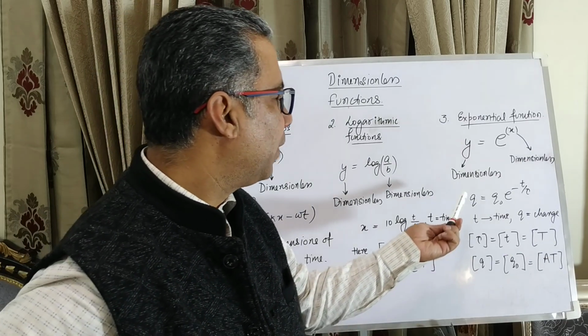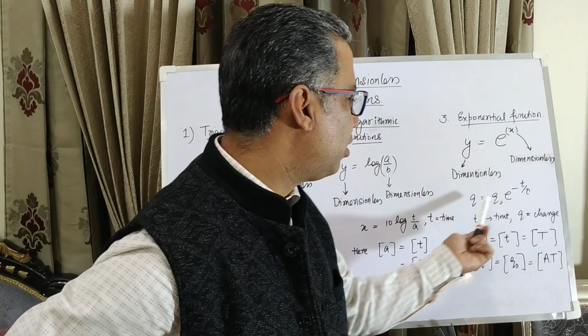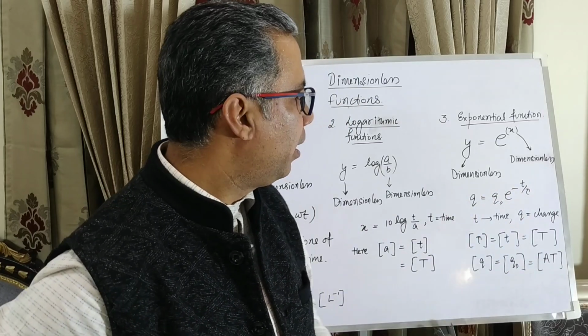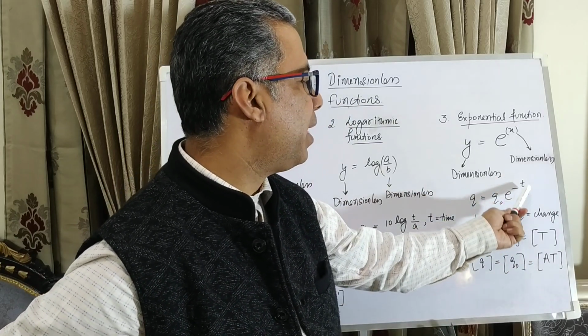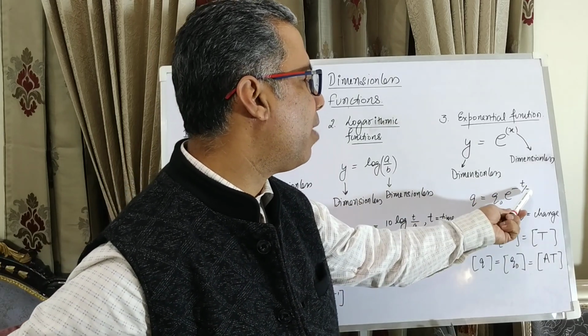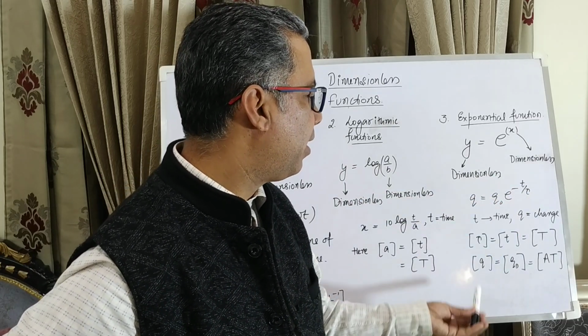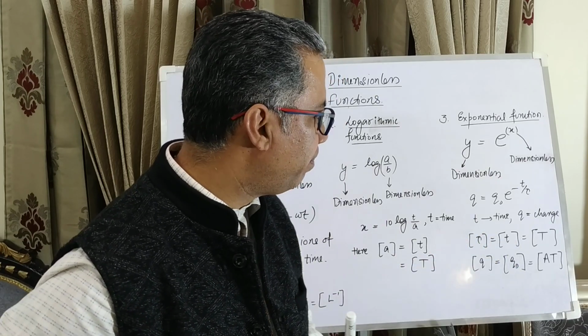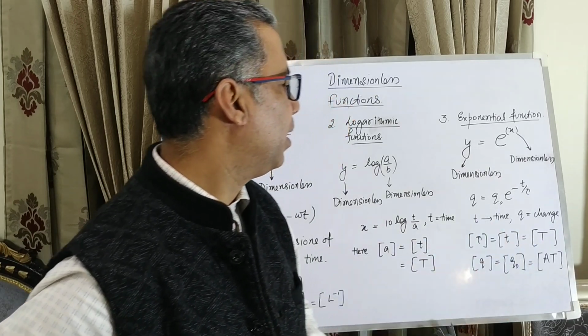For example, in this expression q equals q naught into e to the power minus t by tau, here t by tau has to be dimensionless, and therefore t and tau have the same dimensions, and dimensions of tau therefore are same as dimensions of time, which is T again.